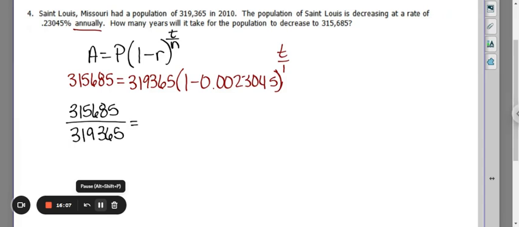And then 1 minus that decimal. Okay, so 0.9976.